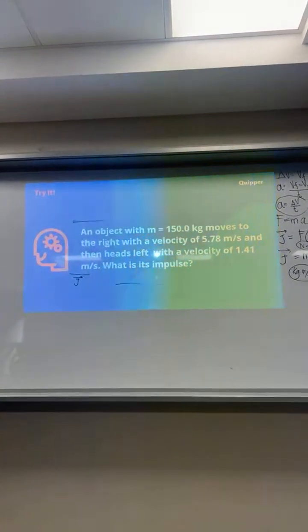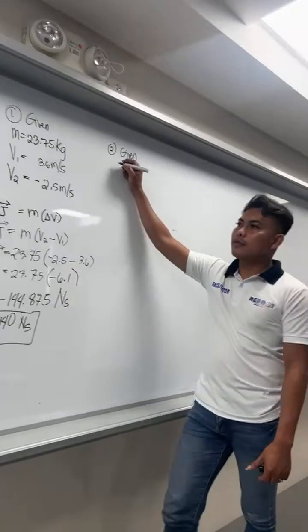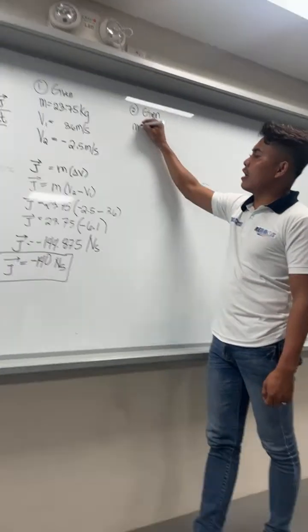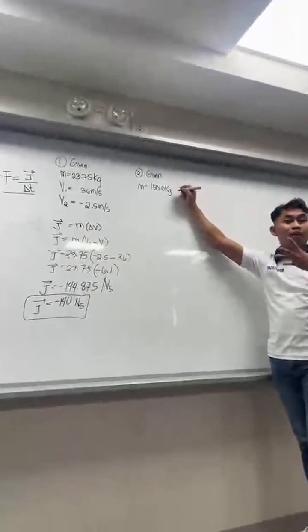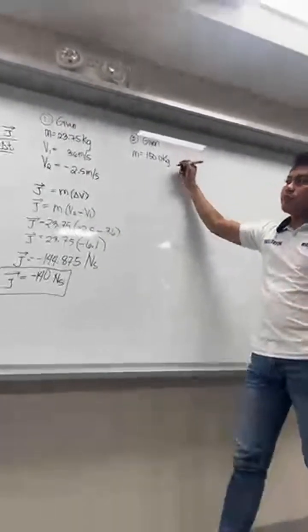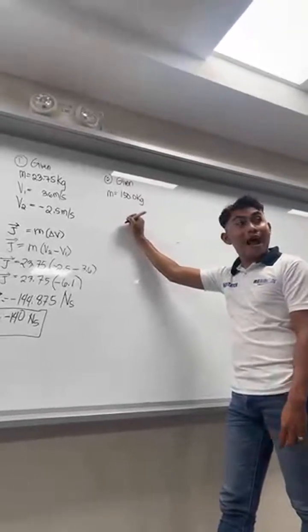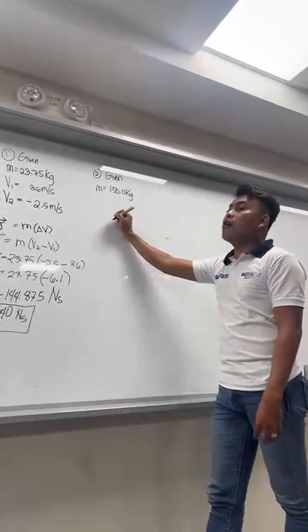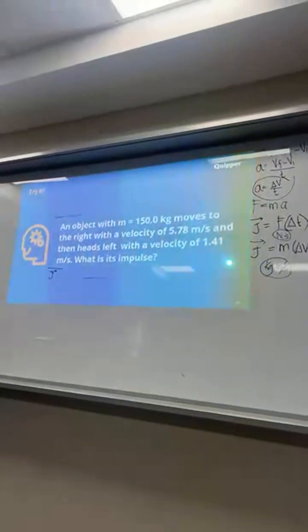Okay, ito siya. What's the mass? The mass is 150.0 kilograms. So 4 significant figures. And it moves to the right, to the right, with a velocity of 5.78.